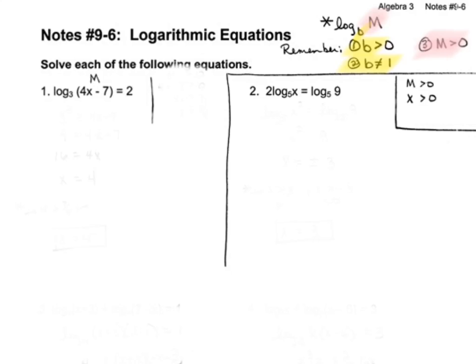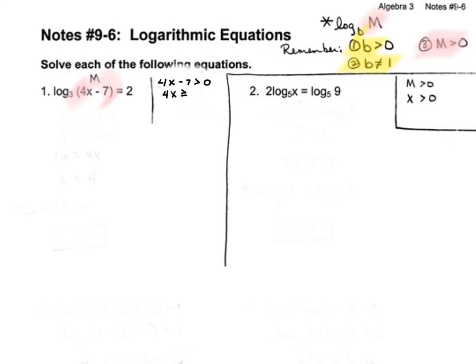Okay? So, if you notice, m is this whole piece right here. That's your m. And so that part has to be greater than 0. So what we can do then is go over here and solve. We can say 4x minus 7 has to be greater than 0. 4x is greater than 7.